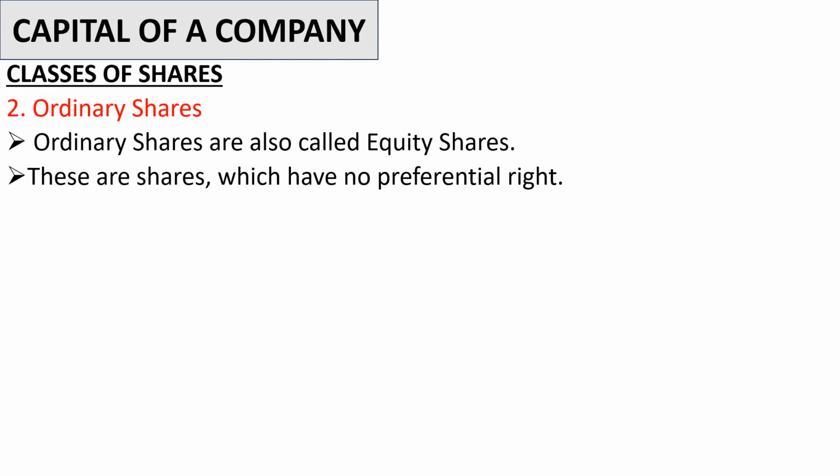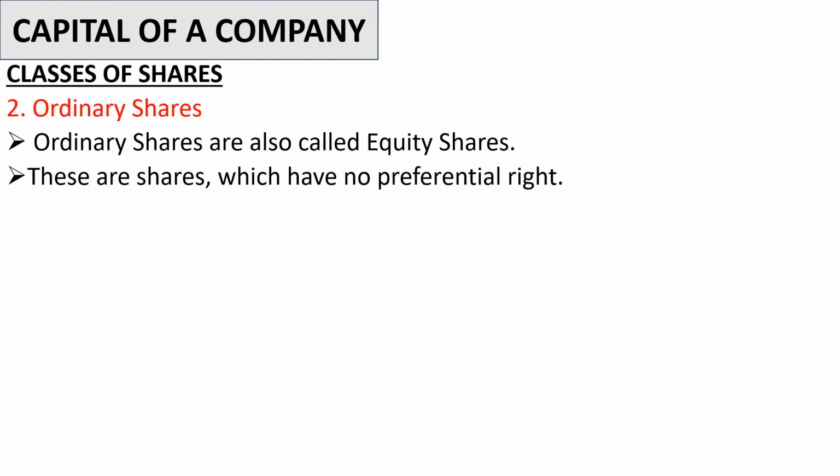These are shares which have no preferential right. That's the biggest difference between preference shares and ordinary shares. Ordinary shares don't have preferential rights, while preference shares have got the preferential rights.